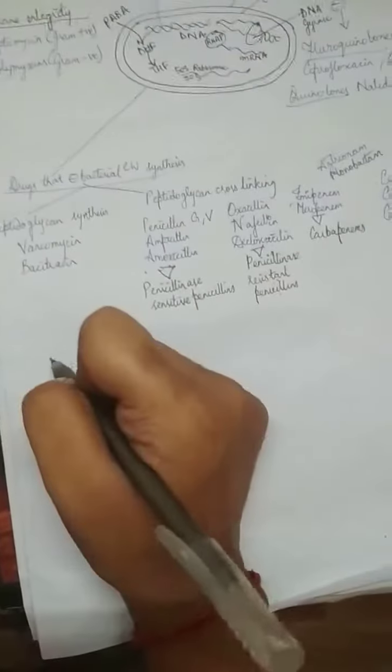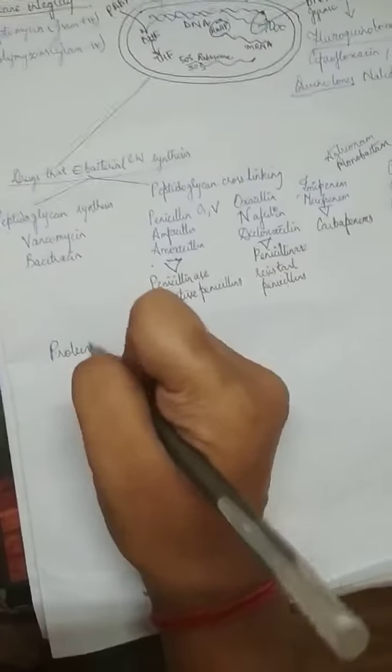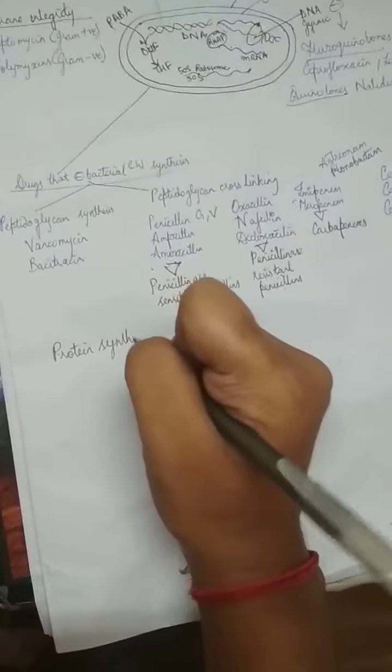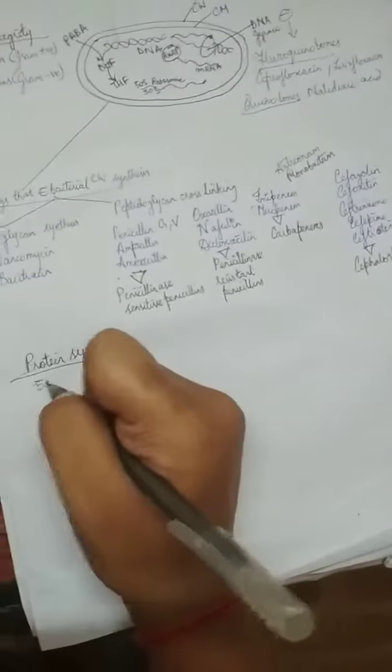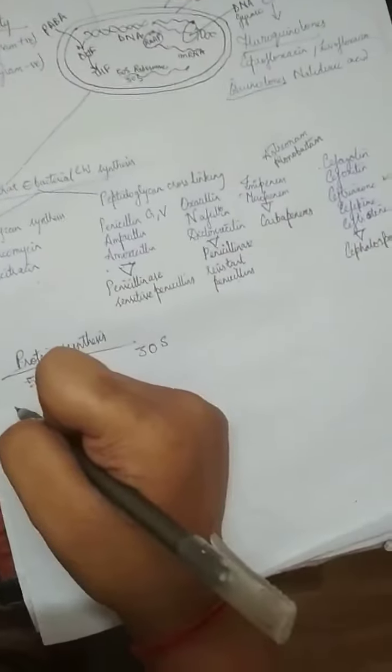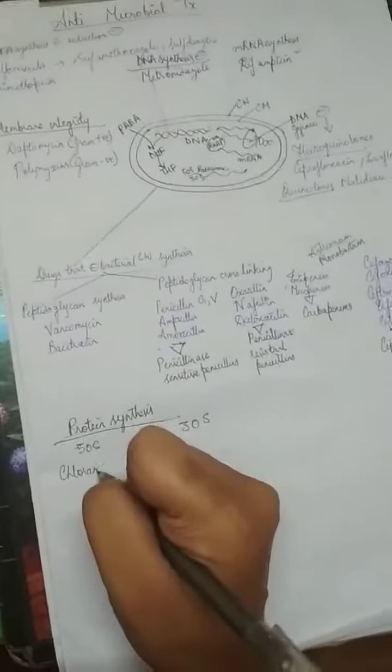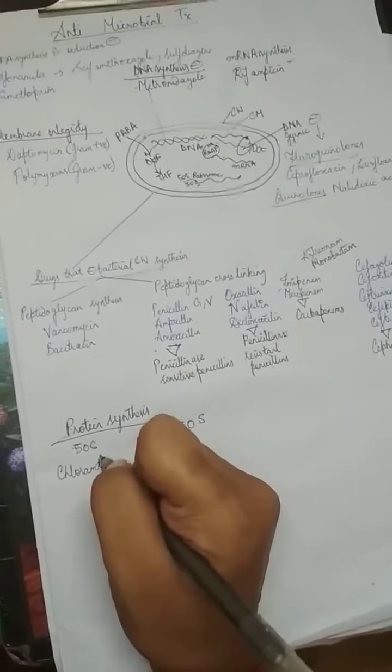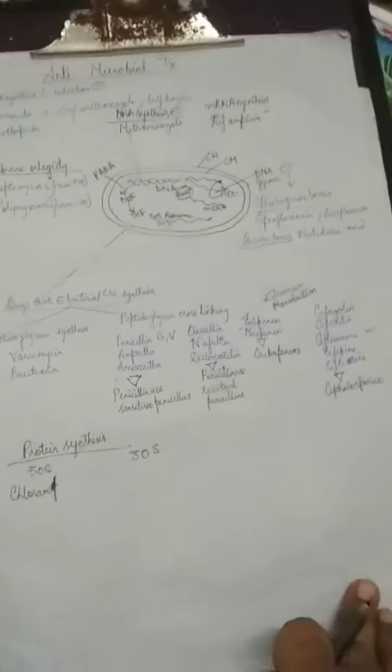So drugs that inhibit protein synthesis, which will inhibit the 50S ribosome, and some will inhibit the 30S ribosome. Now first we see 50S, that is chloramphenicol. Please don't mind all these things because I'm holding the camera with my left hand. I'm actually looking through the camera at the paper. So please ignore all these mistakes.